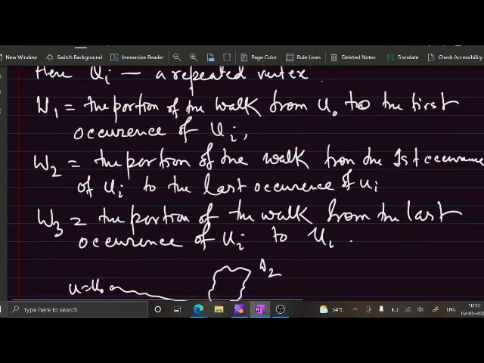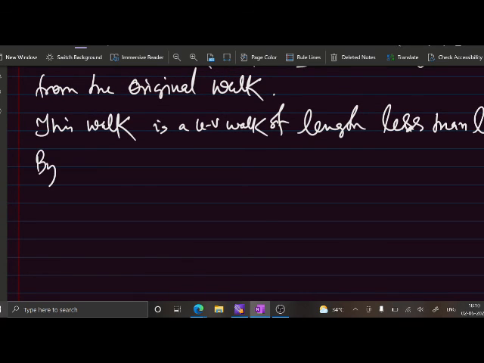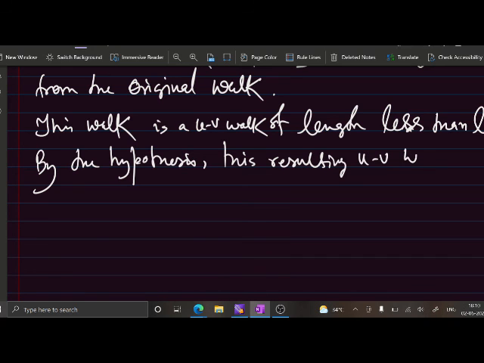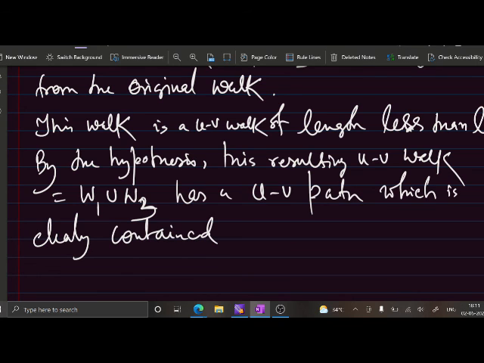Now you have assumed already that the theorem is true for any walk of length less than L. So by the hypothesis, this resulting UV walk, that is W1 union W3, has a UV path, which is clearly contained in W, right?